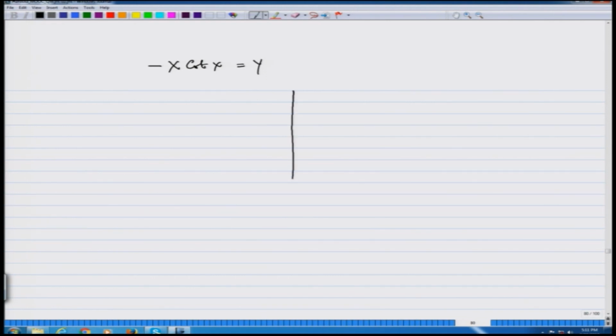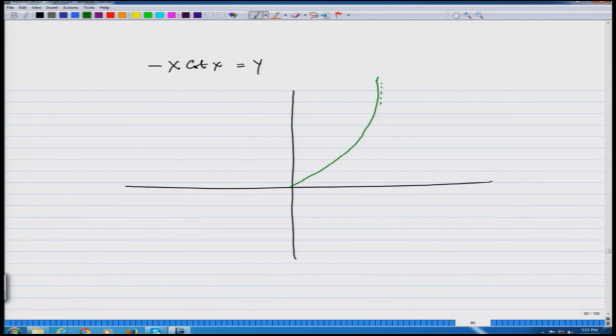So, if I plot x tangent x, it was going schematically like this, blowing up at x equals pi by 2. This is x, and minus x cotangent x would be 0 at this point.